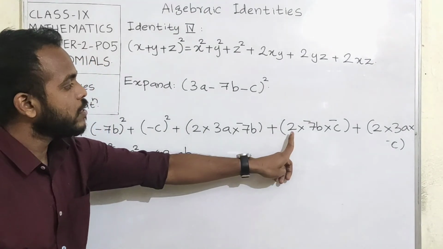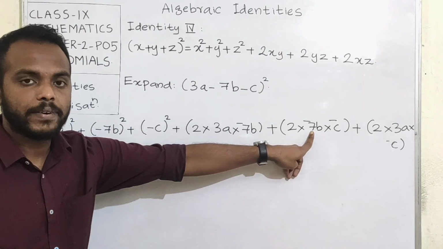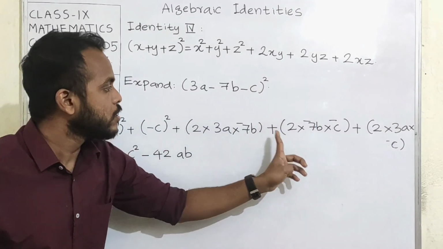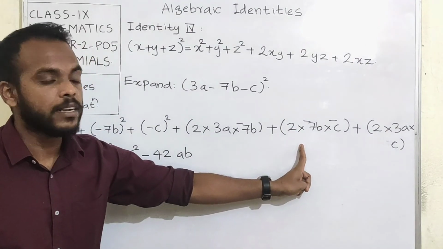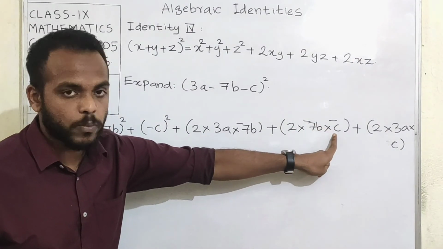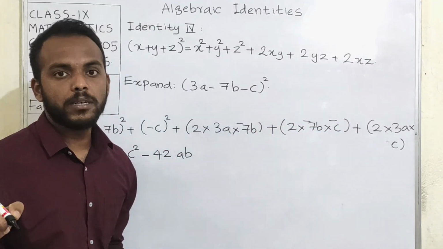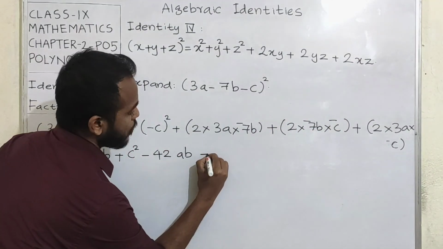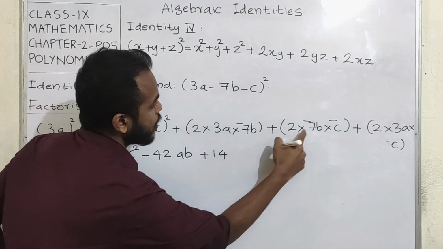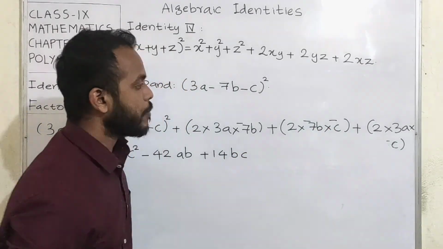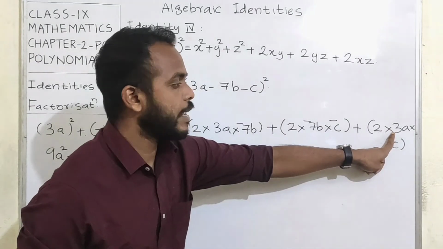And the next term, 2 times 7 is 14, and there is a 1 over there because c means 1c, so it's 14. And what about the symbol? It is minus 7 here, and it's minus c or minus 1c over here. So when two negative numbers are multiplied, it gets positive. So I will write 14, and who are the literals? b and c, 14bc.